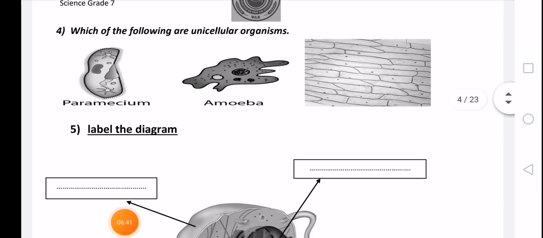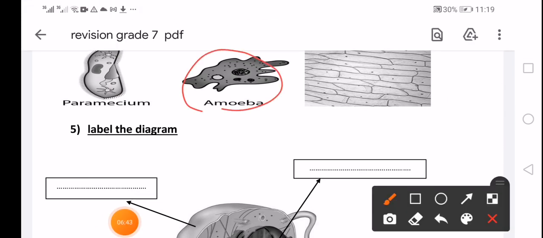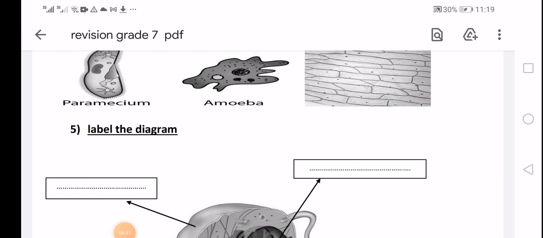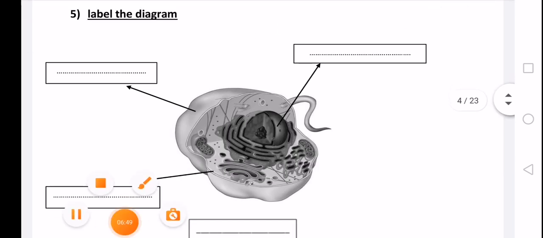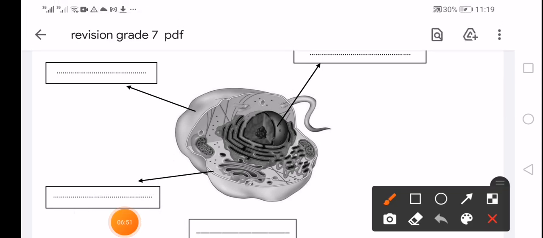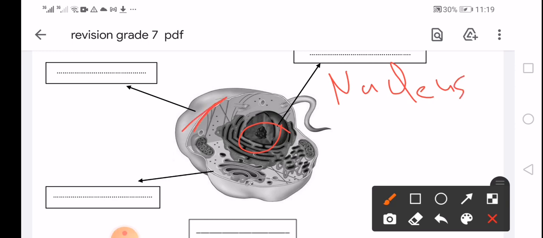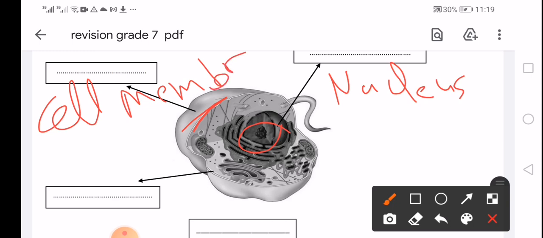Which of the following are unicellular? Maybe the paramecium, while this is multicellular. Label the following. This is a nucleus. This outer layer is the cell membrane, or protective layer. This fluid is the cytoplasm.